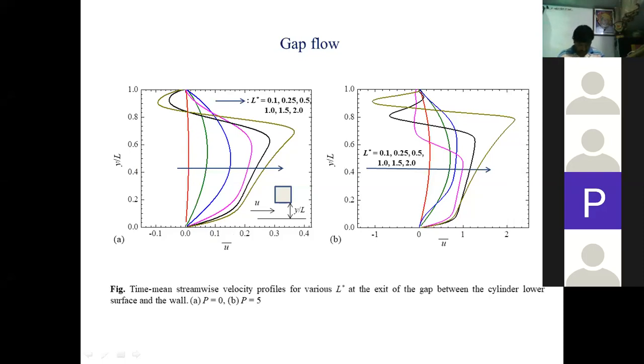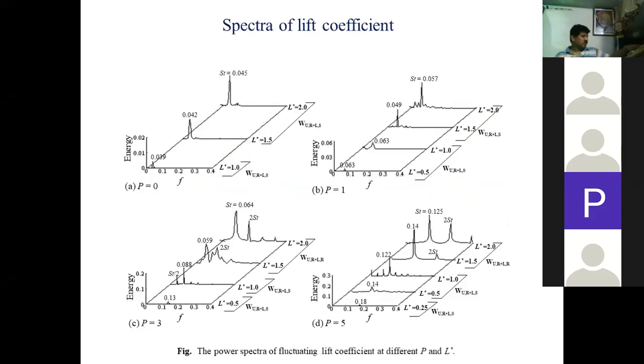And these are the spectra of the lift coefficient. I mean, what is the intensity of the peak of the spectra in the 4 different regimes we classified earlier. When there are regular vortices from the upper side and no vortices from the lower side, there will be a small peak at lower frequencies.